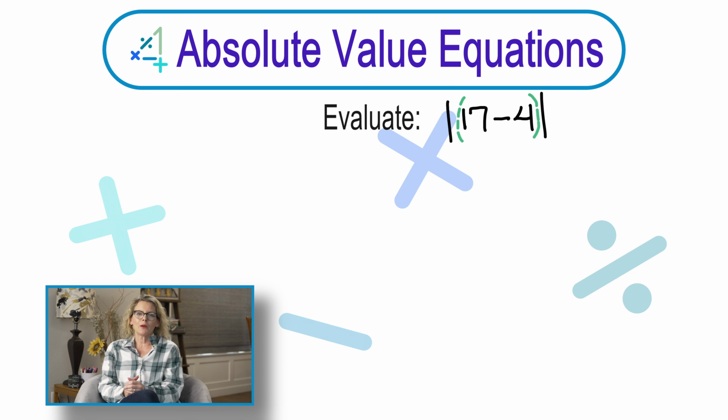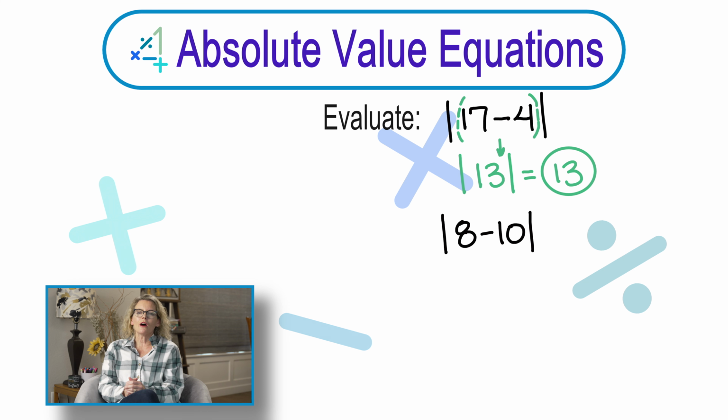So our first step here is to solve 17 minus 4 equals 13. And then the absolute value of 13 is just 13. Likewise, the absolute value of 8 minus 10 would be the absolute value of -2, which turns into +2 when it comes out of the absolute value sign.